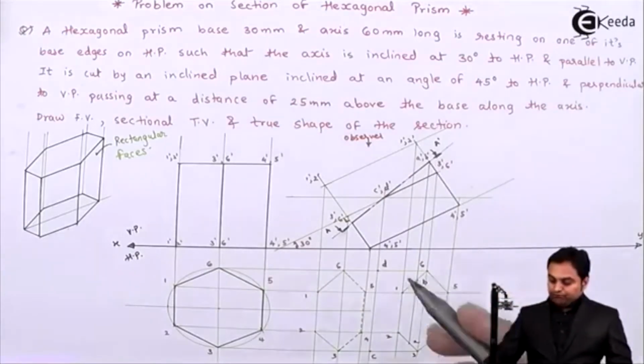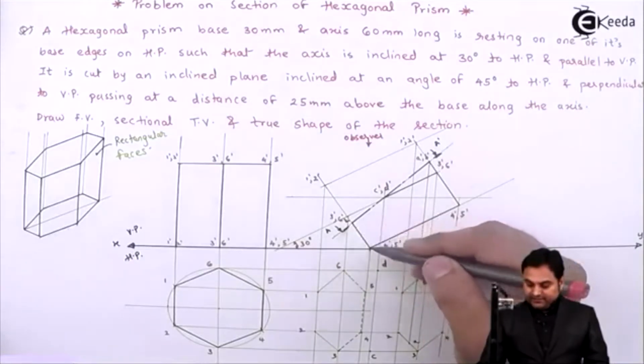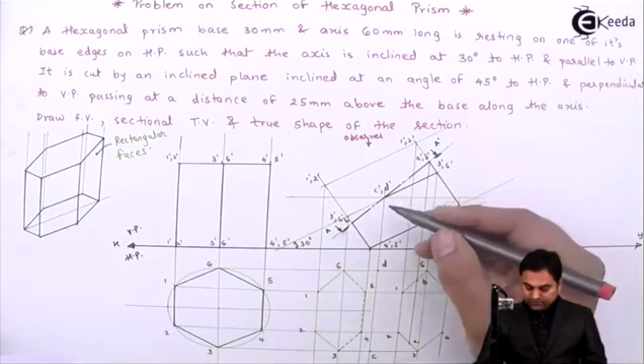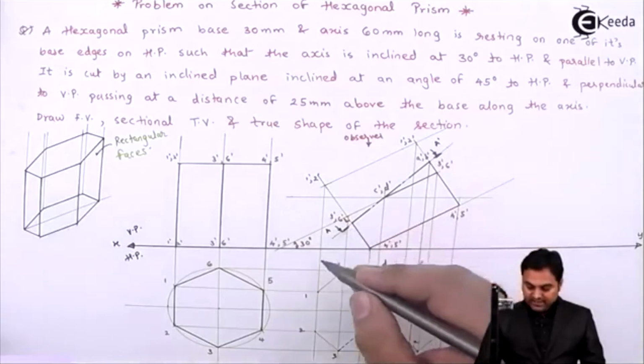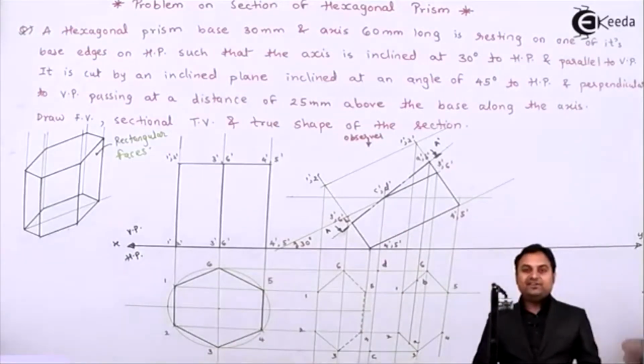At last, when we see this end of the cutting plane, it is again cutting two edges, and those edges are 3 dash, 4 dash and 6 dash, 5 dash, because 3 4 and 5 6 are connected.